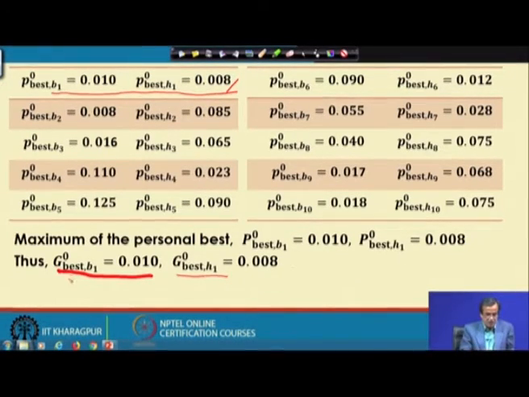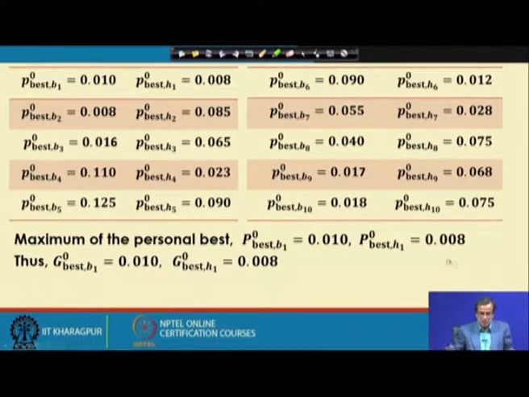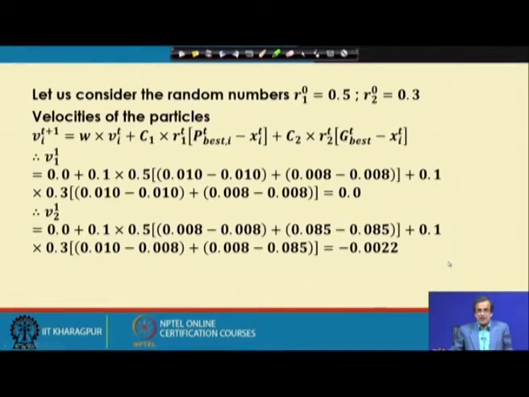So, till now we have got the globally best solution, and at the same time we have also identified and assigned the personal best for each of these design variables. Once you have got the personal best for each of the design variables and the globally best solution, we are in a position to find out what should be the updated value for the weight or the velocity.